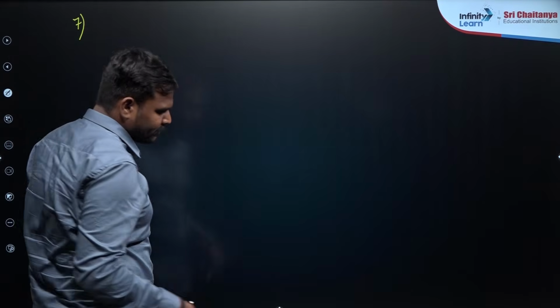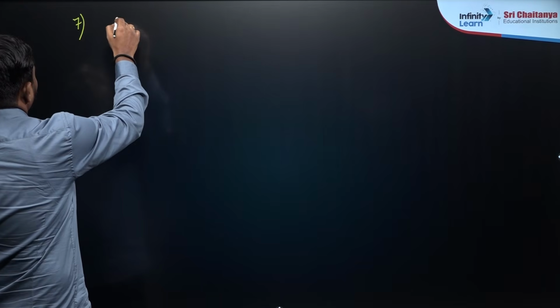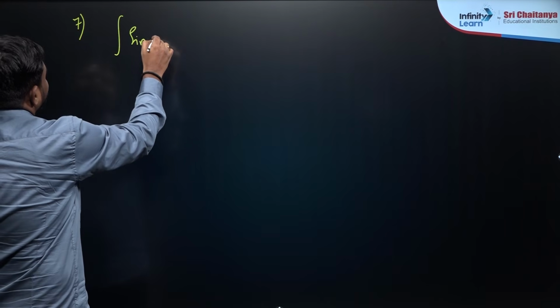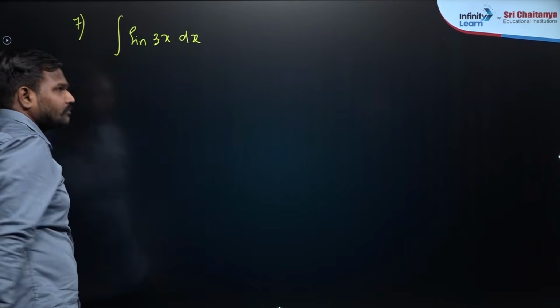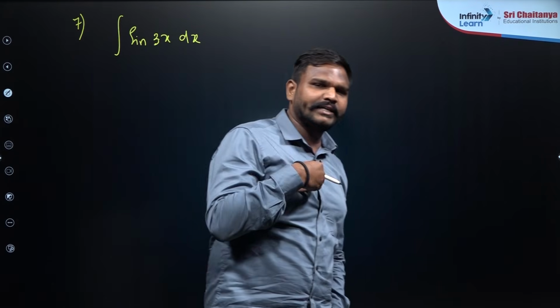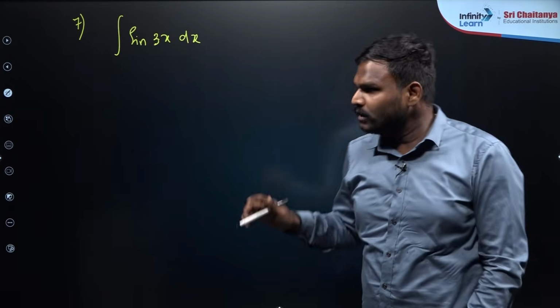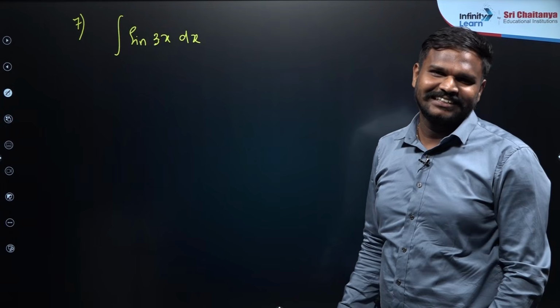Let us go with the next concept. We have a question in such a manner, let us say integral sine 3x. We know integration of sin x is minus cos x, but we have a function inside another function.